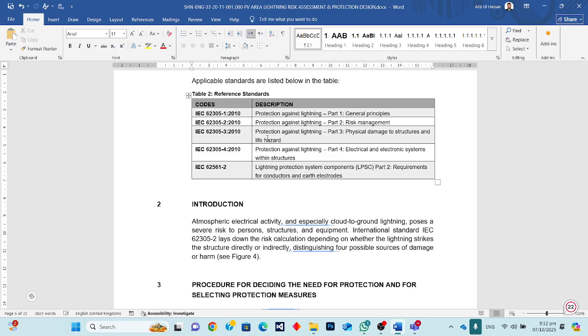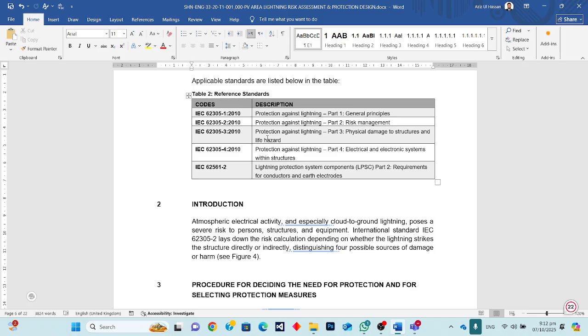Somehow maybe we have to go to class 3 or class 2 due to the higher side of the area where we are installing. I have experienced this issue.